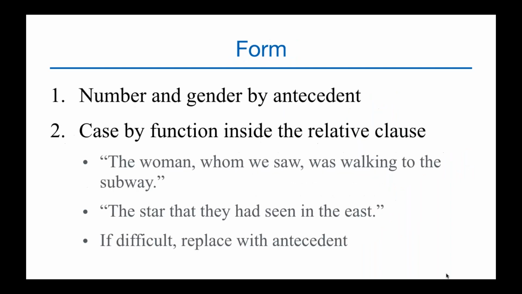Same thing in the plural. All right. Number and gender is determined by the antecedent, the way we've been doing pronouns all the way through. Case by the function inside the relative clause. So it's going to be whatever way it's functioning here.